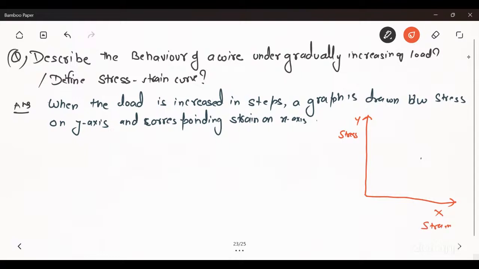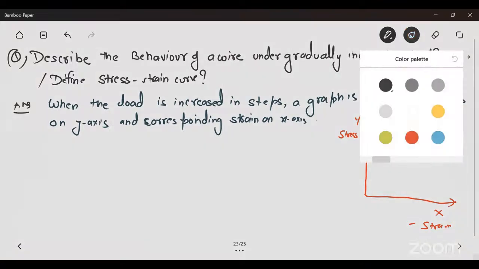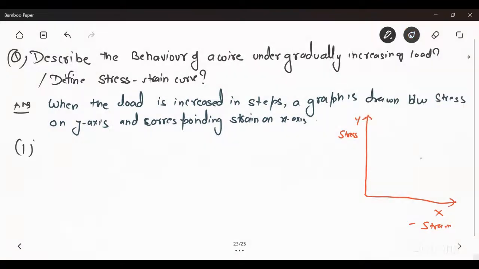Now, firstly, the proportional limit. What is the proportional limit?